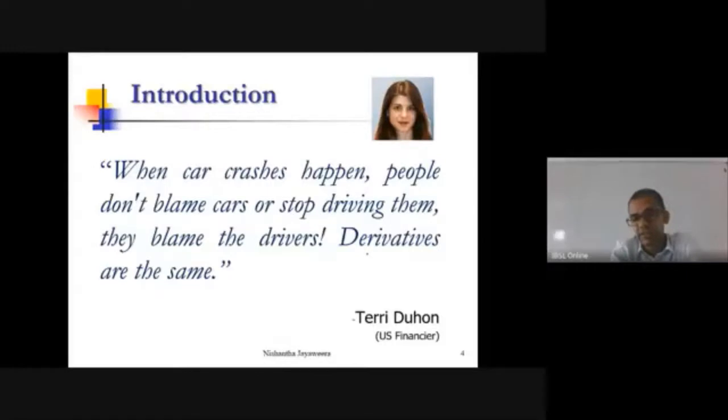Not only the use and the results, but also the difficulty. Don't think it's very difficult, that you need rocket science knowledge to understand derivatives. Not necessarily. When you reach some level and want to do more sophisticated things, you may need it, but at this level you don't need any rocket science.